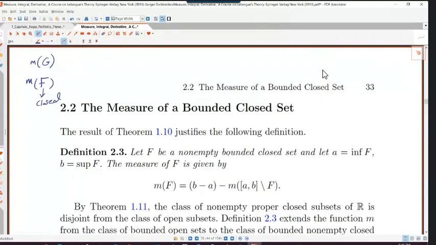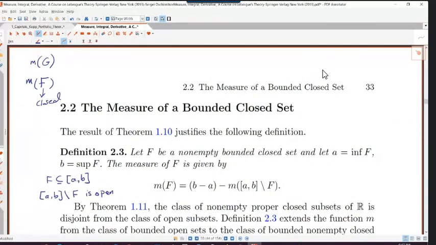So F is a closed set, F is a subset of a to b, and a to b is a closed set. Now a to b minus F is open, and so it has a measure.